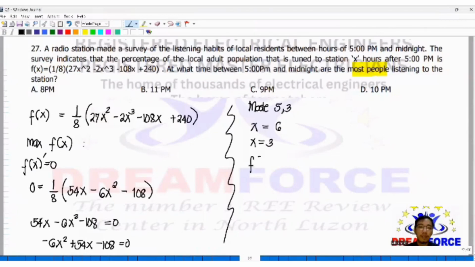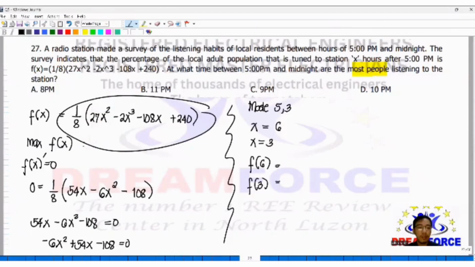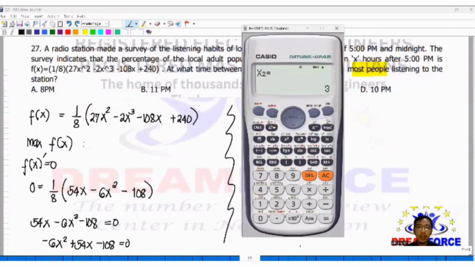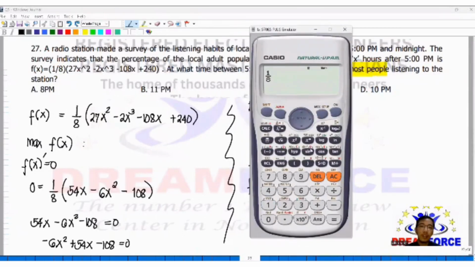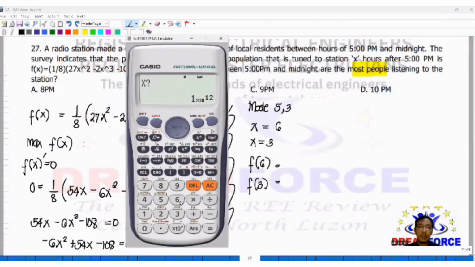So, kunin lang natin yung f of 6 at saka f of 3 by substituting x equals 6 and x equals 3 dito. So, again, sa calculator, input lang natin 1 over 8 multiplied by 27x squared minus 2x cubed minus 108x plus 240. Okay, kunin natin si 6.